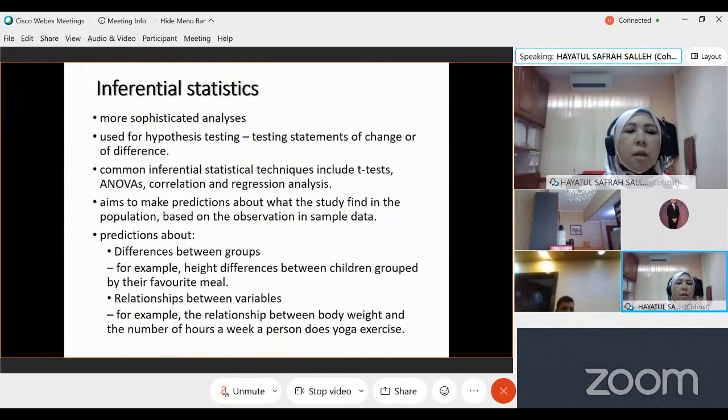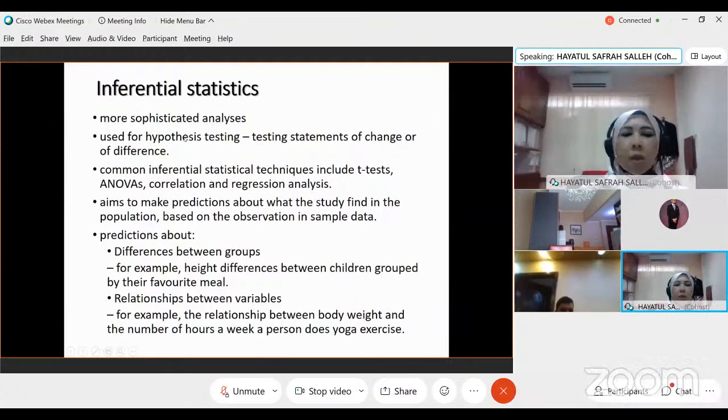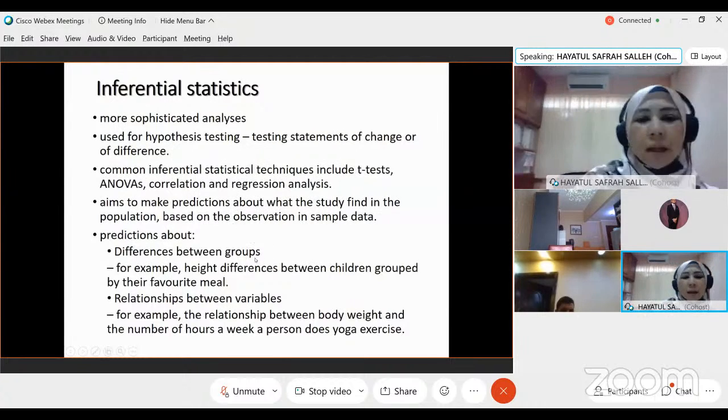So inferential statistics can be used for hypothesis testing, to test statements of change or of differences. If you want to test your hypothesis, you can use inferential statistics, whether correlation or regression analysis.